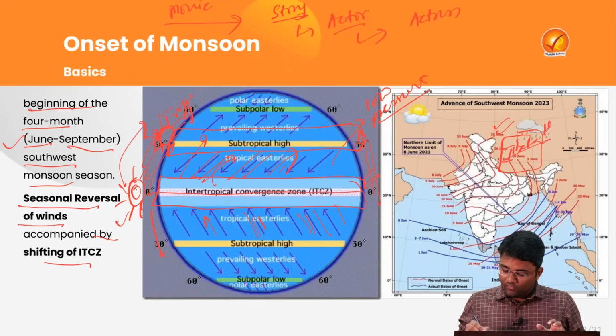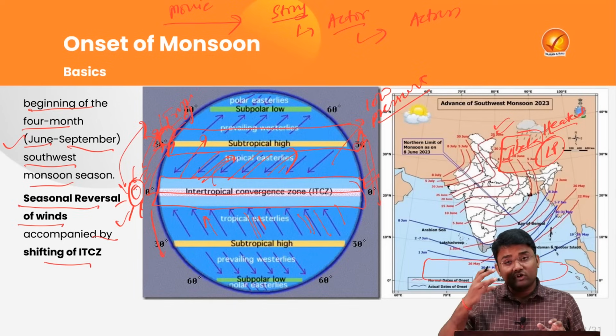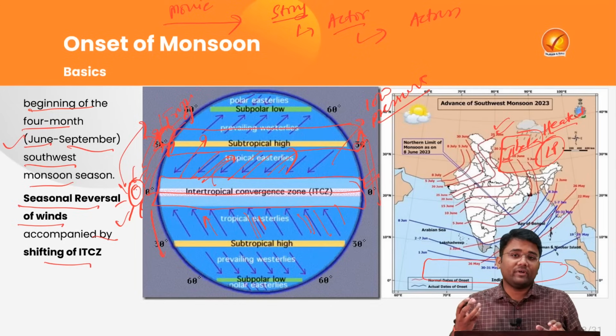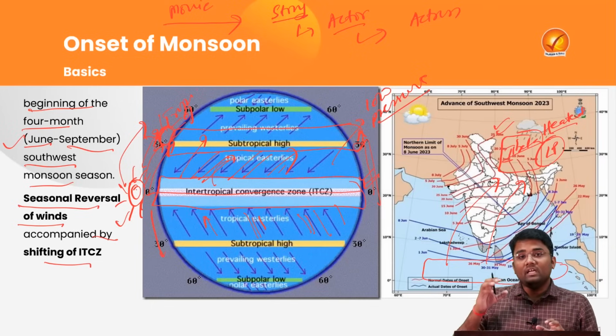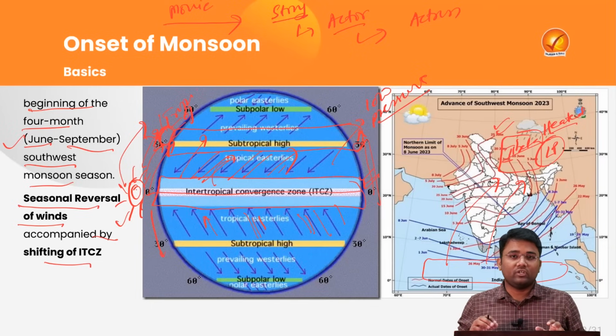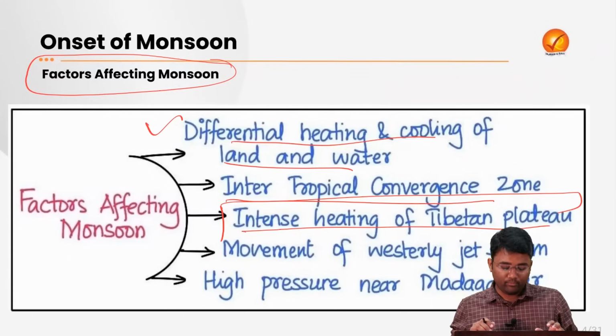Now, as you know, when it is heated, a low pressure area will be generated here, whereas compared to the areas where water is present, there will be high pressure. So the heating of the Tibetan Plateau and the creation of low pressure areas there also attract these moisture laden southwesterly winds towards the Indian subcontinent, and that is also one of the reasons why the monsoon comes towards the Indian subcontinent. So the third reason that we have discussed is the intense heating of the Tibetan Plateau.